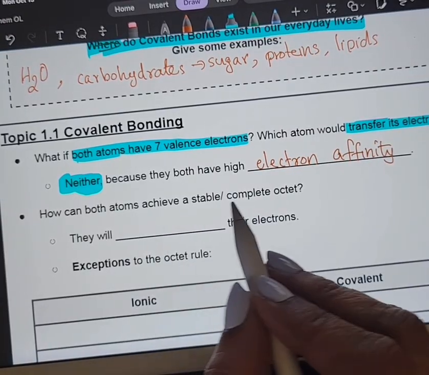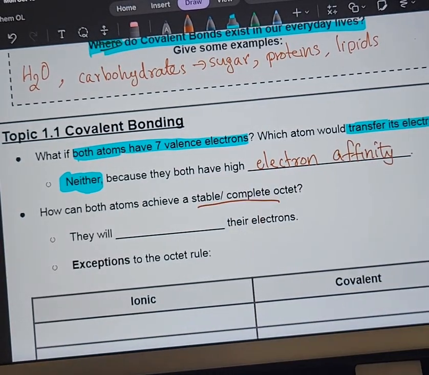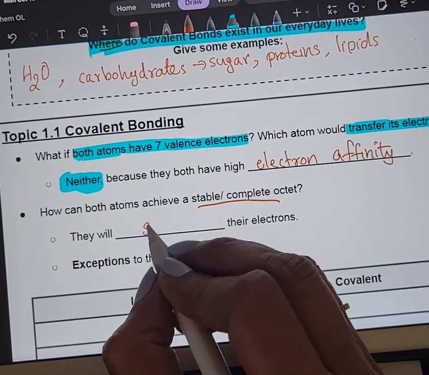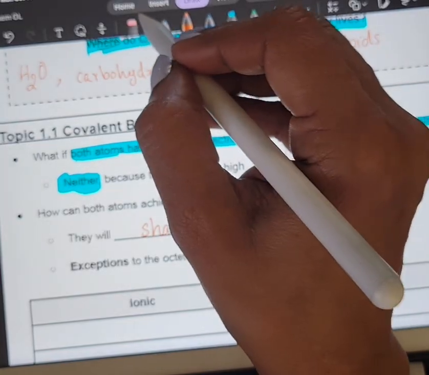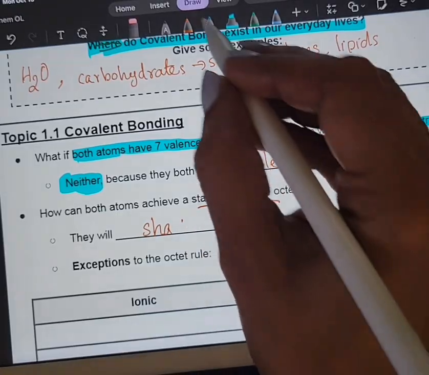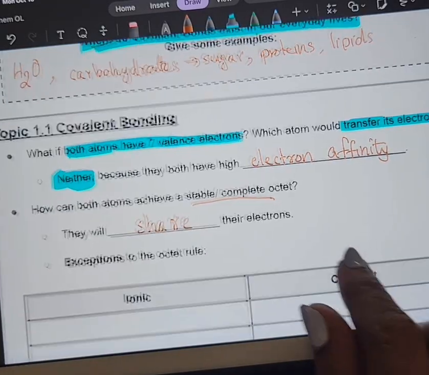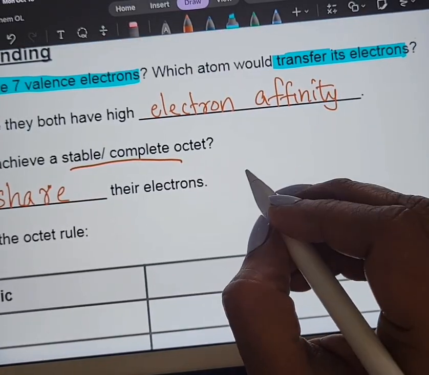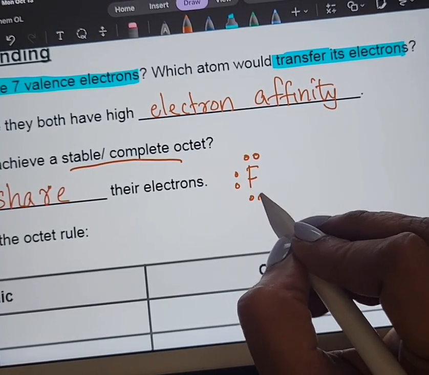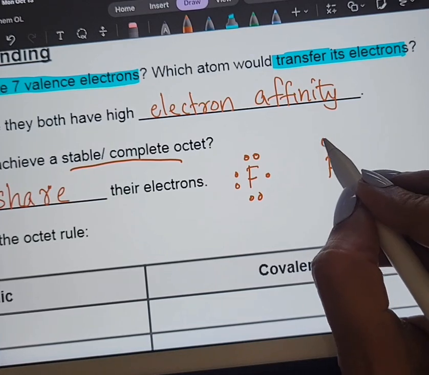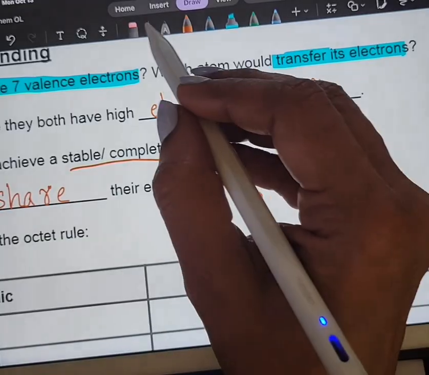Neither of them will donate an electron, but how will they attain octet then? By sharing their electrons. They will share their electrons to get an octet. For example, a fluorine atom has 7 electrons, and another fluorine atom also has the same number of electrons.